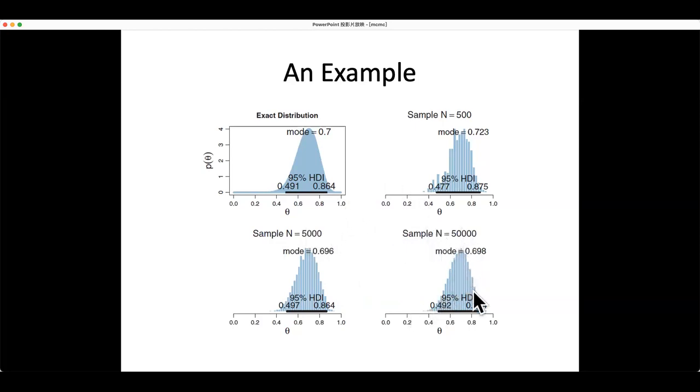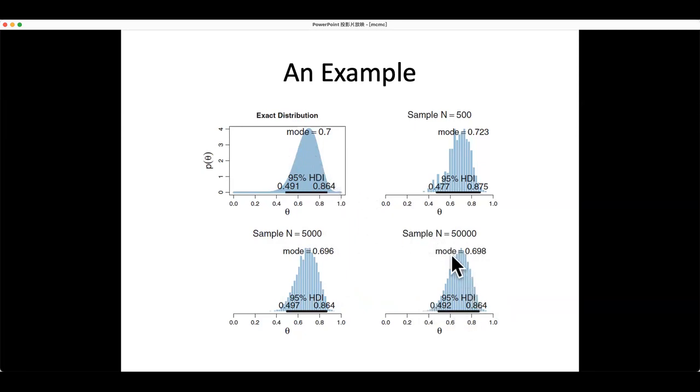Here you can see the distribution is very smooth, to say the least, and the mode is getting even closer to the real one. This is a very good approximation already.